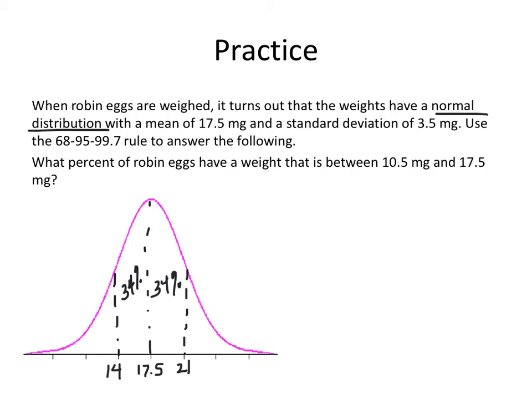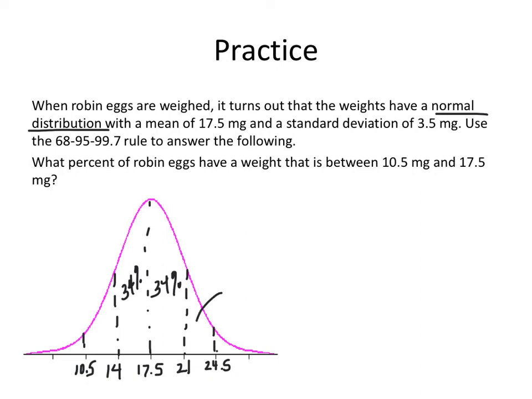If we keep going, we want to go up another standard deviation and down another standard deviation. So we take the 21, we add 3.5 because that's our standard deviation, and the next value will be 24.5. We subtract 3.5 from 14 because we're going down on the left side, and we get 10.5. So that's our second standard deviation away from the mean.